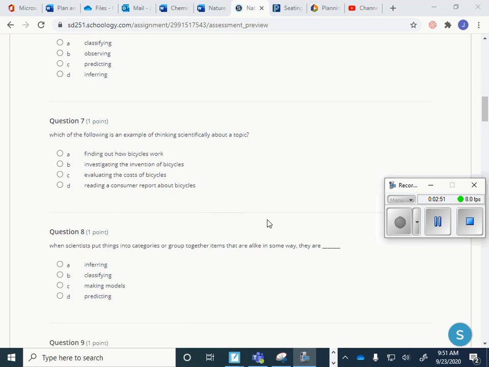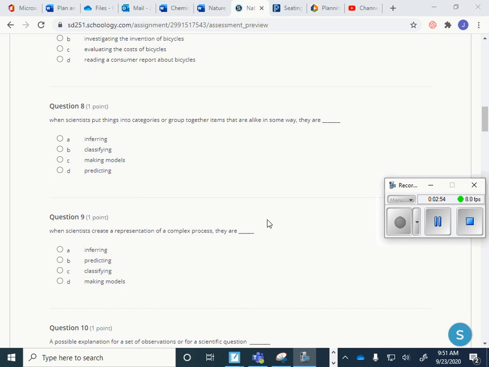Question 8. When scientists put things into categories or group together items that are alike in some way, they are either A, inferring, B, classifying, C, making models, or D, predicting.